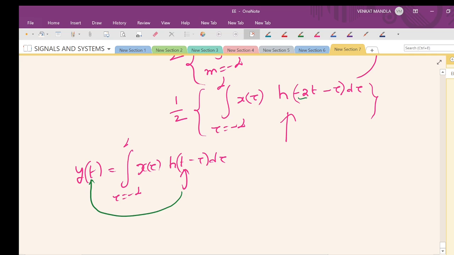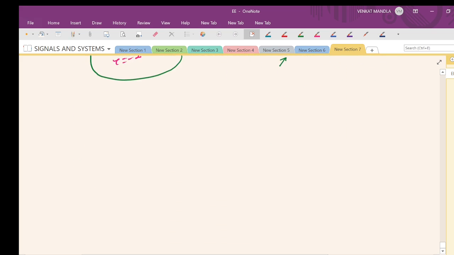But here -2t is there, so this entire thing is 1/2 y of -2t. In the denominator, even though a is negative, we get the positive value 2.